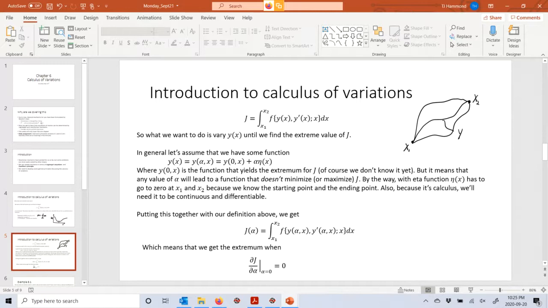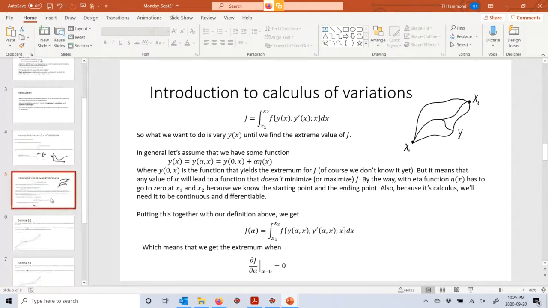So that means that we get the extremum when we take the derivative of J, this functional, with respect to alpha, and when alpha is equal to 0, it gives us 0. This seems very abstract. It's true, but we'll get to an example soon enough.